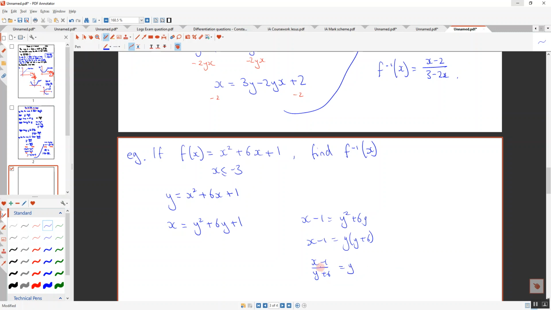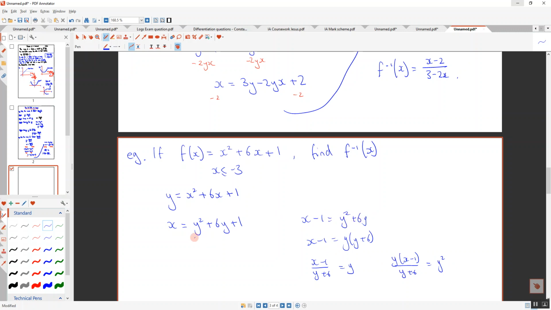If I multiply by y, I'm going to have y times x minus 1 over y plus 6 equals y squared. No, because this is y plus 6, so that is not going to help.